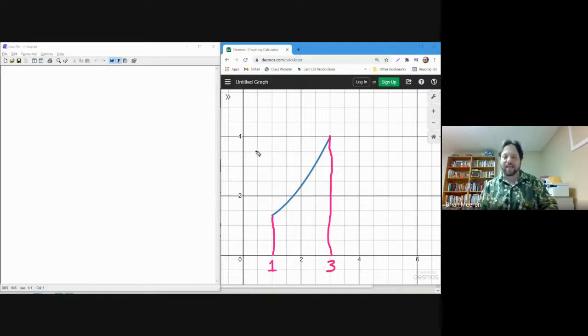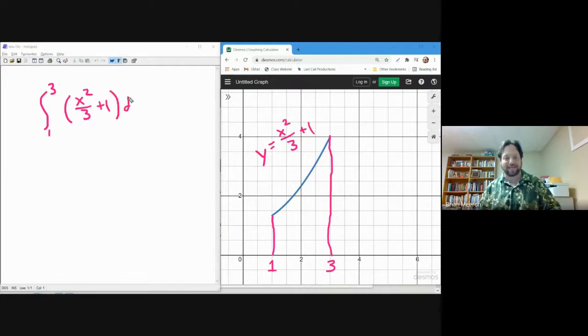All right. Again, this is the function y equals x squared over 3 plus 1. And so what we're going to do to figure out the area under this curve is we're going to do the integral from 1 up to 3 of the function x squared over 3 plus 1 dx.